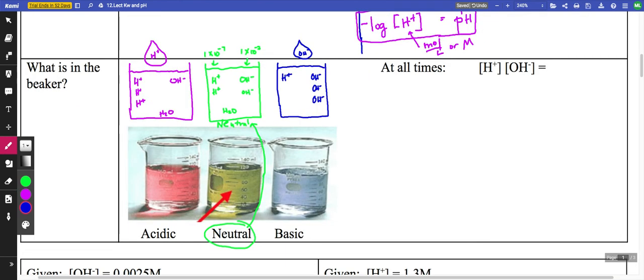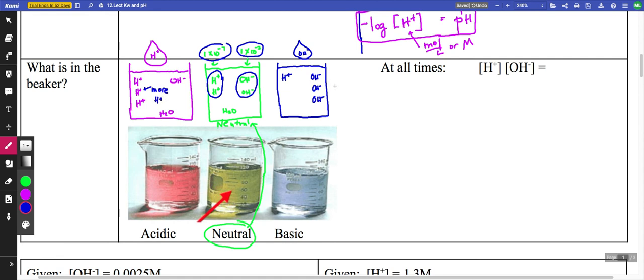So I've drawn 3 beakers here. Focus on the middle beaker. This one's neutral, which means you have an equal number of H pluses and OH minuses. That means it'll be 1e negative 7 and 1e negative 7. If it's acidic, that means you have more H pluses.